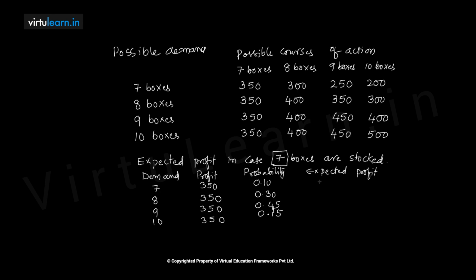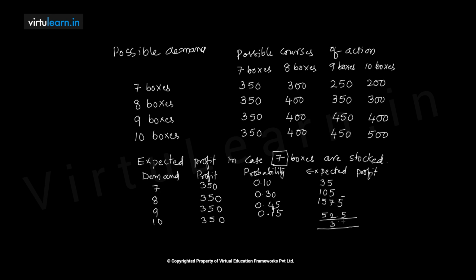Expected profit is here 0.10 into 350, that is 35 rupees, and 0.30 into 350 is 105, and similarly 0.45 into 350 is 157.5, and here 0.15 into 350 will give us 52.5. The total would be 350.